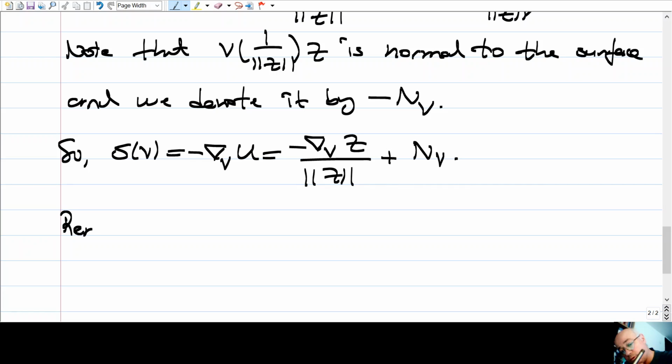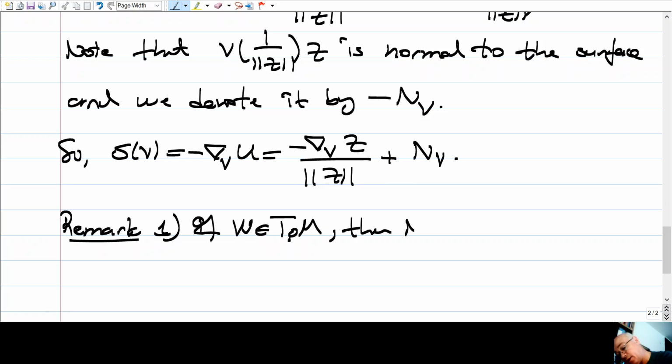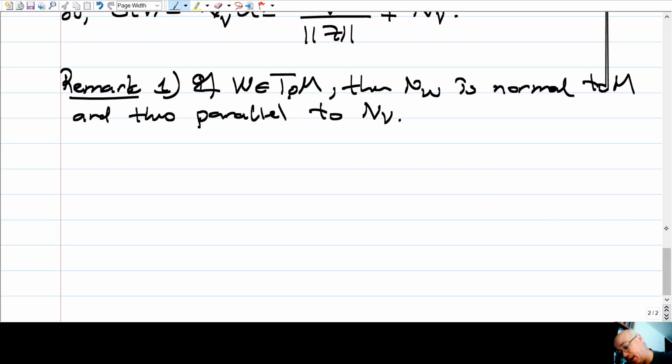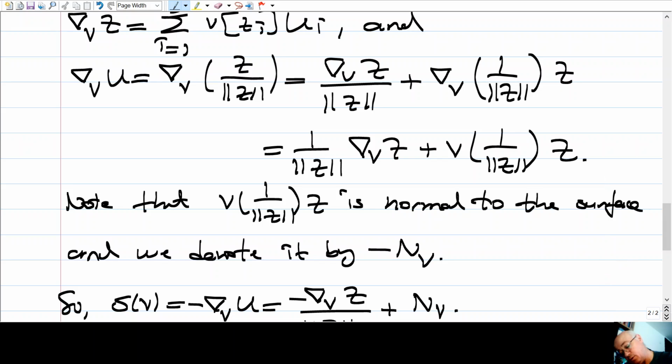We have some observations. Let's see these. First one is this. If W is a vector in the tangent space, then NW is normal to M and thus parallel to NV, because both NV and NW, right?